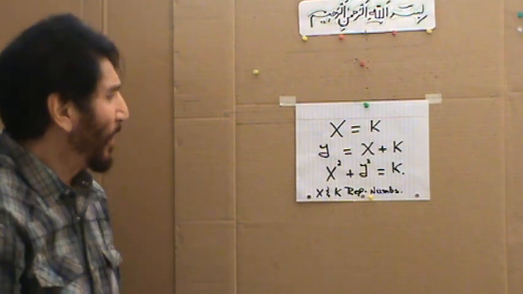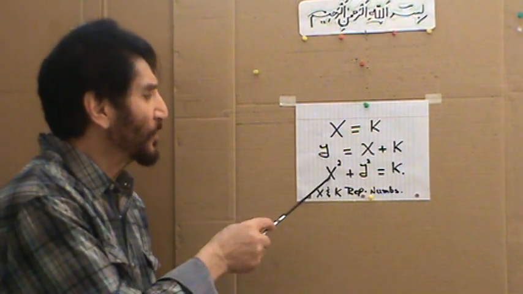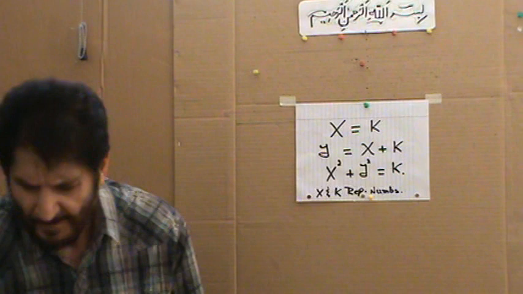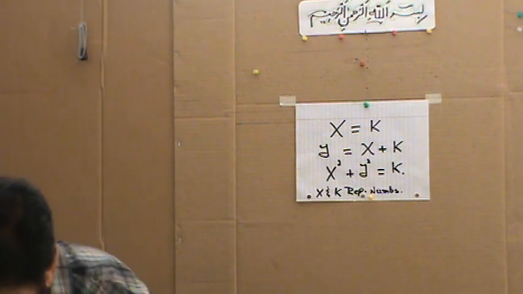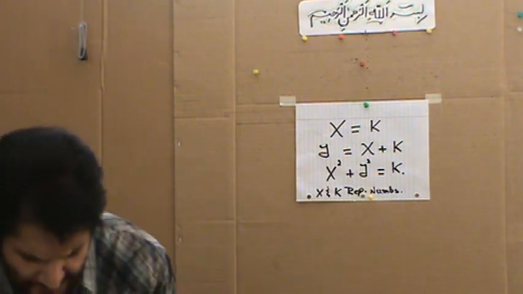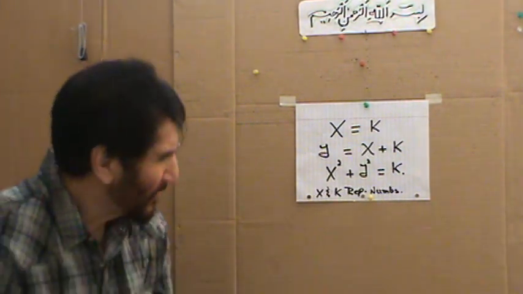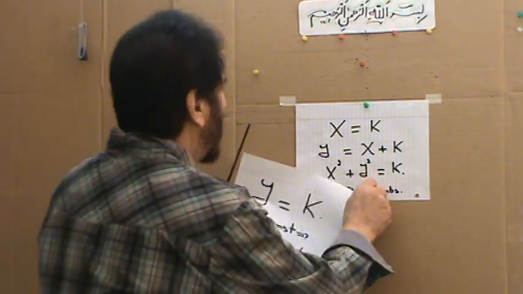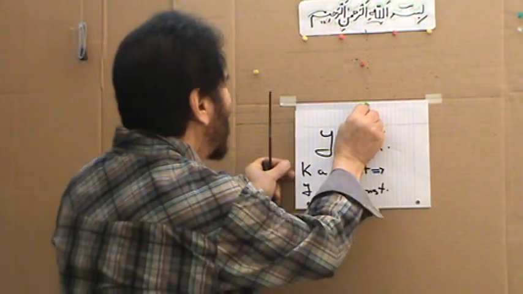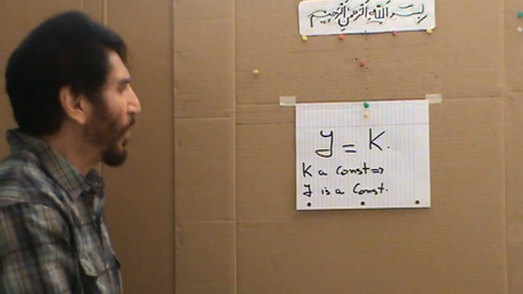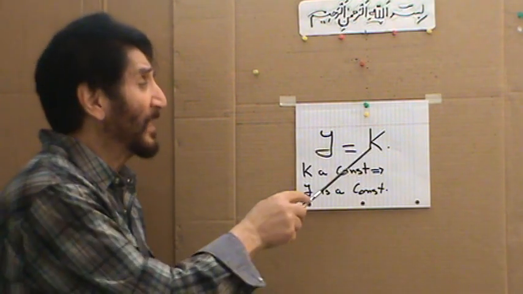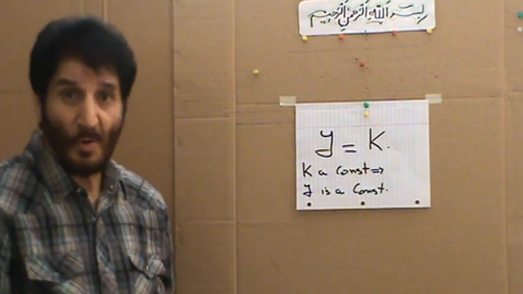All right then. Now let's talk about x squared plus y squared equals k. I have another one. Let me go over what I just said again. Here, when I say y equals k, I already say k is what? Constant.